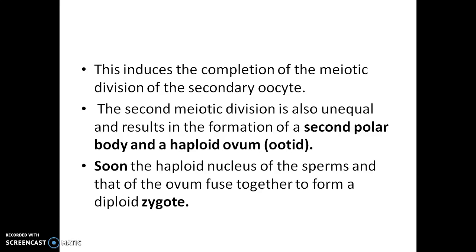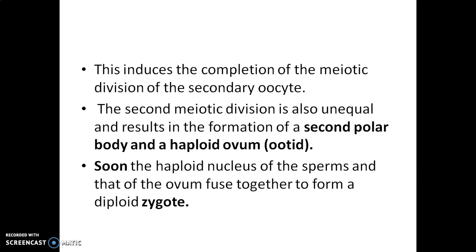We know that the condition of the egg is a secondary oocyte. Then the second meiotic division is also unequal and results in the formation of a second polar body and a haploid ovum. Only in this condition can we call it an ovum. Okay.